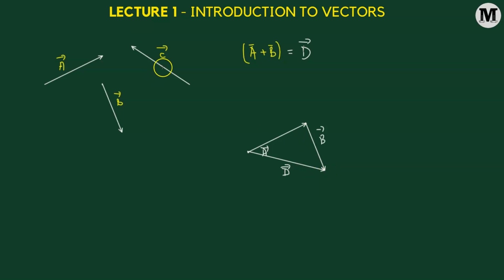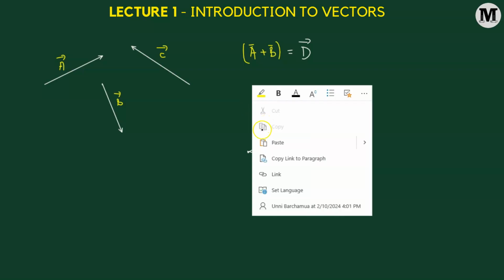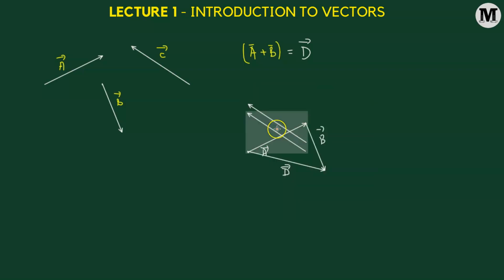Now we'll take vector C and coincide its initial point with the terminal point of vector D. Let's copy vector C so that we do not alter its direction and magnitude. Now we are going to join vector C and vector D. So here we have vector C, the initial point of vector C joined with the terminal point of vector D.